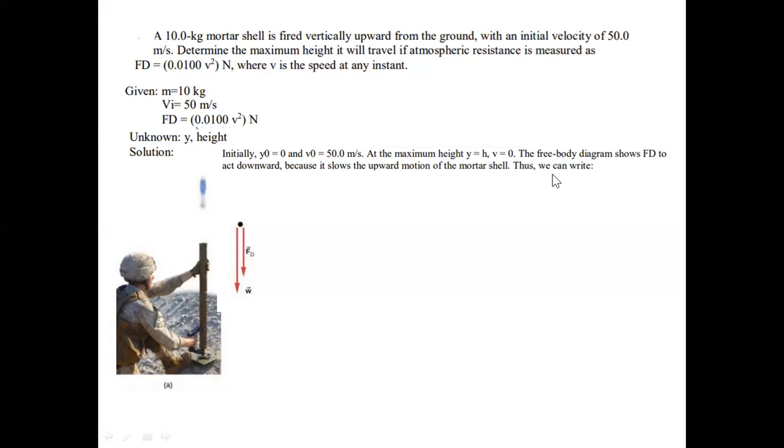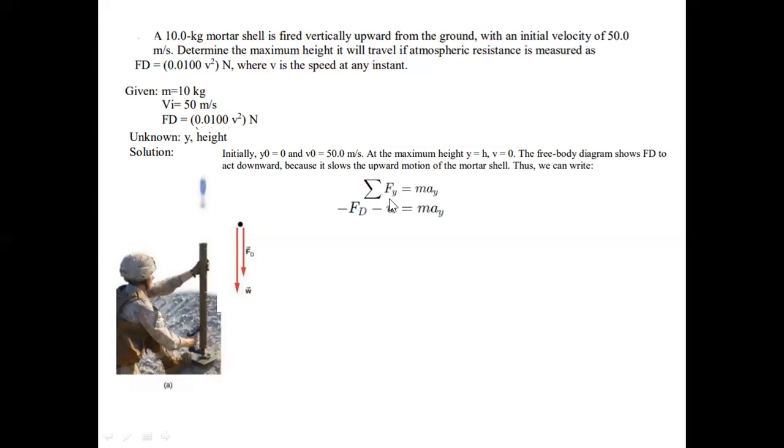Thus, we can write the summation of forces in the y component, since all the forces we're going to consider are upwards and downwards. So the summation of Fy is equal to mass times acceleration along the vertical axis, ay. Now let's substitute the following. Since the forces are pointing downwards, we're going to use negative.